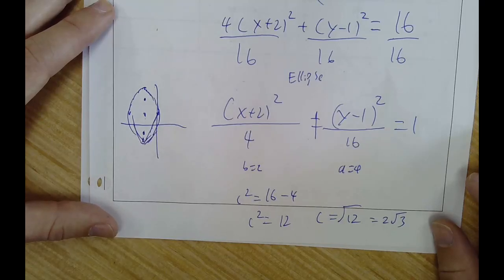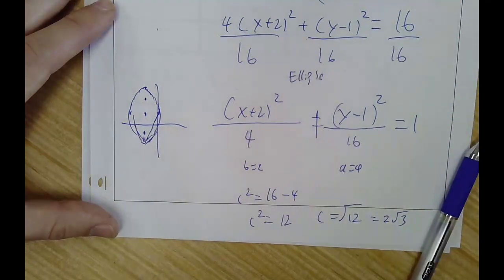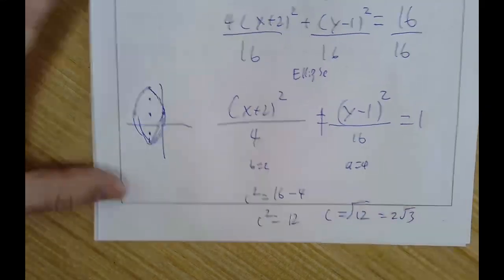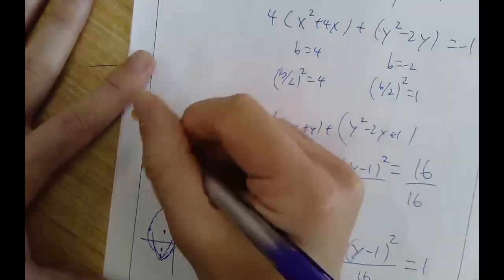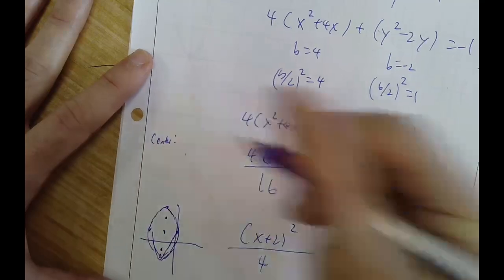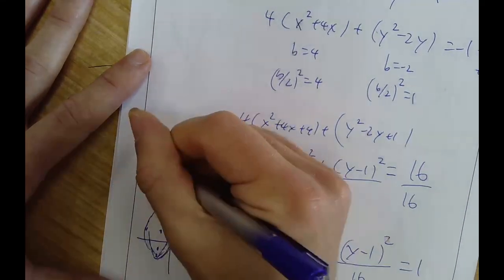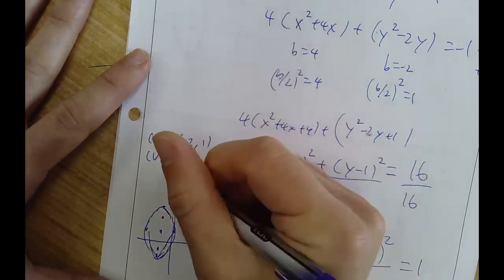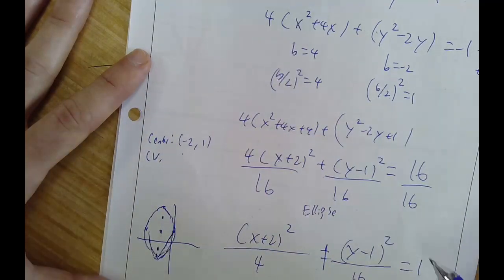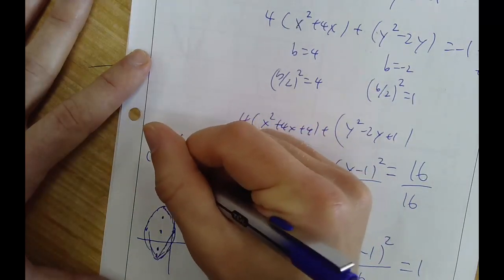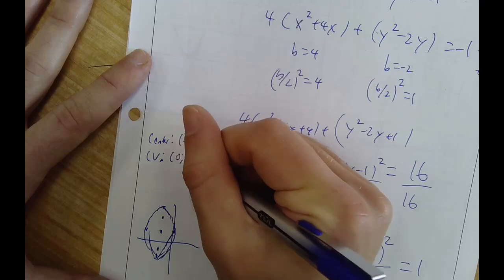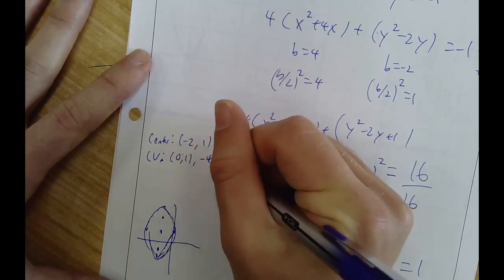So last step is really going to be just listing all the points. So let's list out the key points. We have a center at -2, 1. We have co-vertices at, this is adding 2, so it's going to be at 0, 1, and -4, 1.